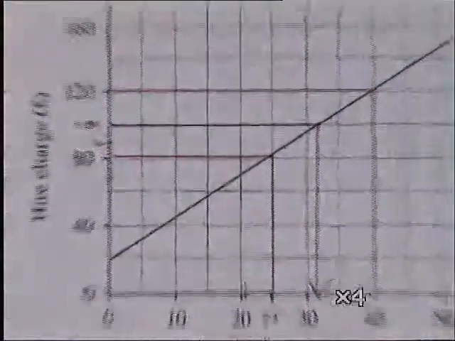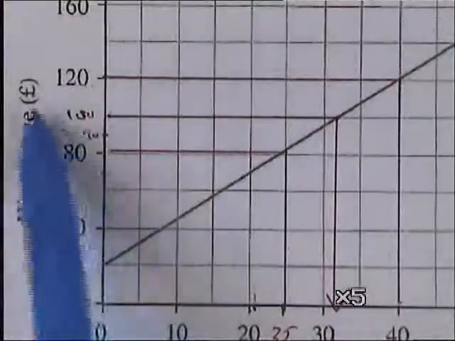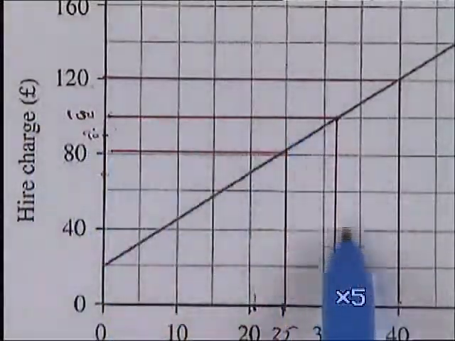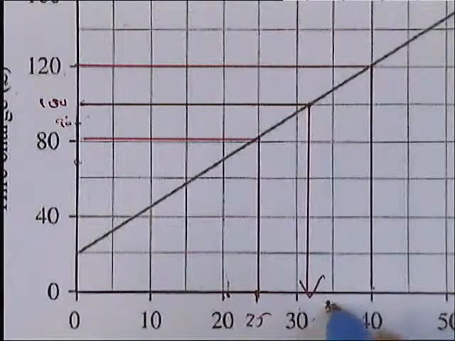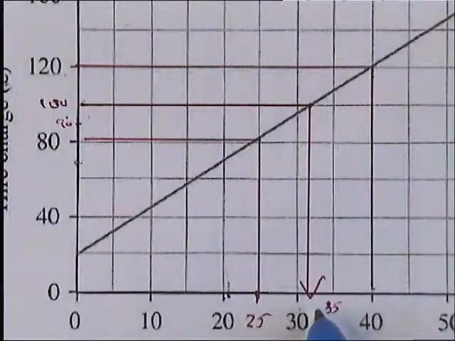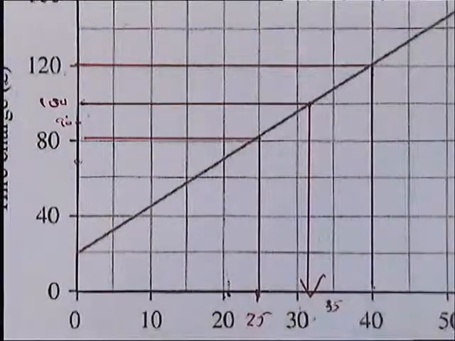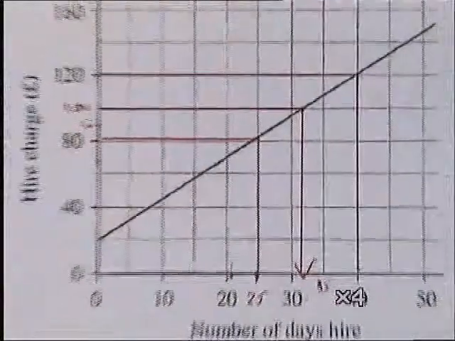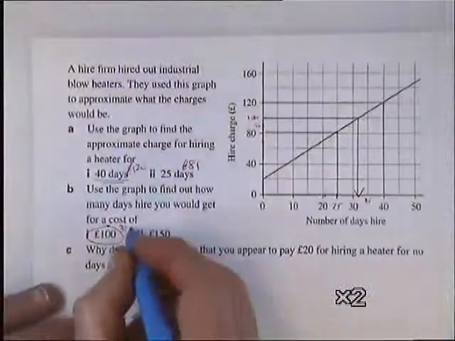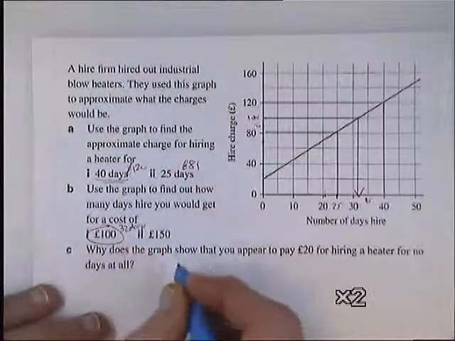Just zoom in on that one. So I went from my £100 along and down, and that's taken me to there. Well, that's 30, that's 40, so that's 35, so I reckon that's about 32, something like 32 days. So £100, if someone is paid £100, that would have been 32 days.